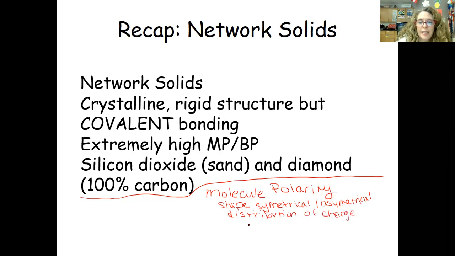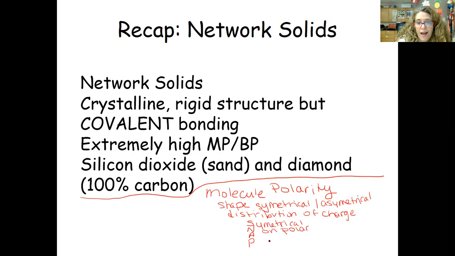So if the charge is equally distributed across the whole molecule, you have yourself a nonpolar molecule. And so I like to remember this as SNAP molecules together, which stands for symmetrical is nonpolar.